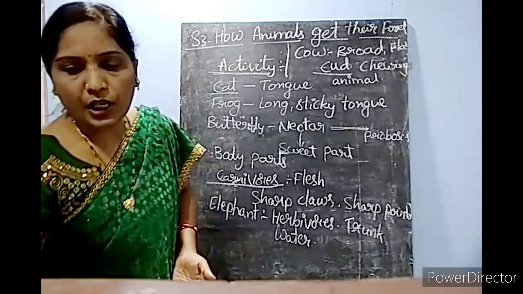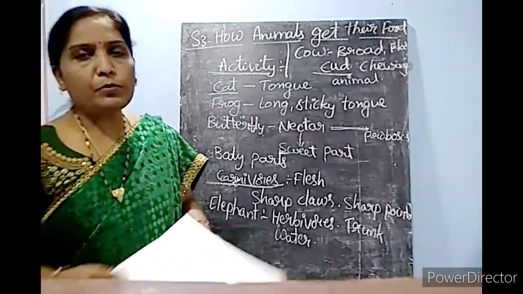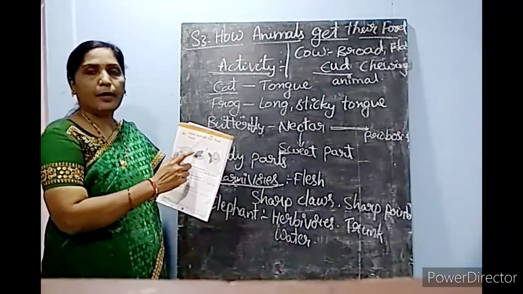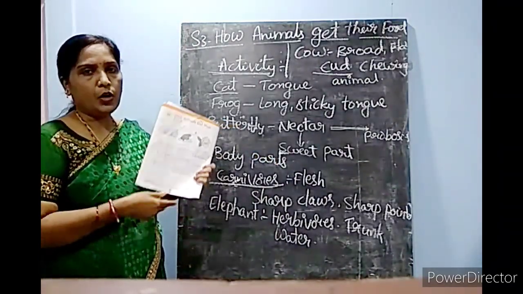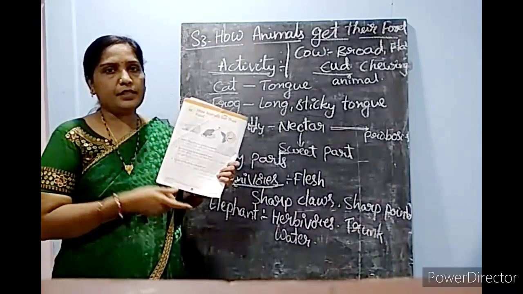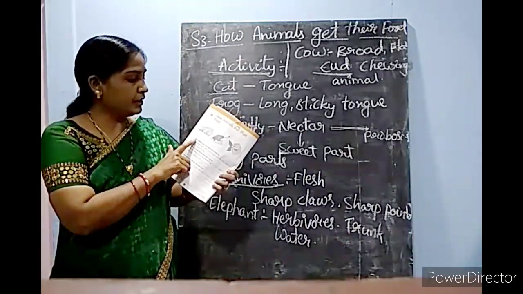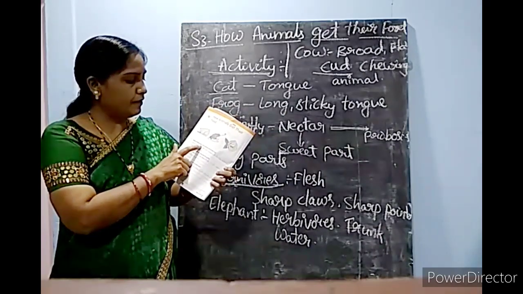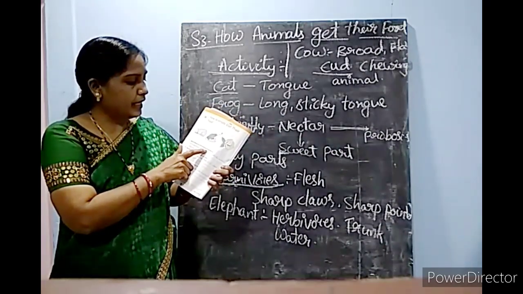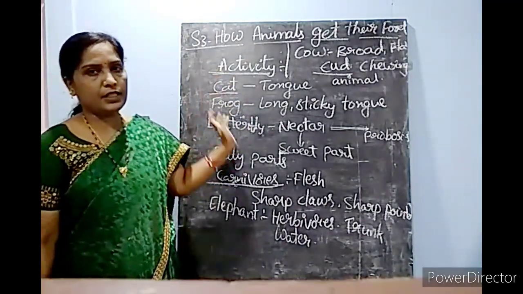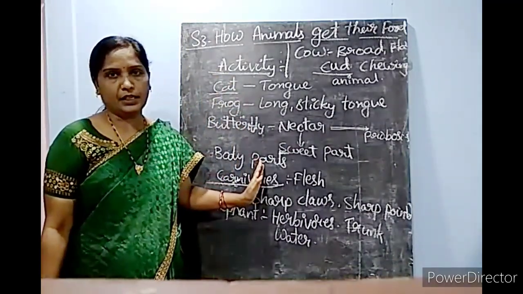Now move on to your workbook, children. Open your workbook. Already we discussed the above pictures. Now about these pictures, it is asking you one question. Read this question: explain two different ways in which animals get and eat their food. Any two animals. We discussed different animals here.